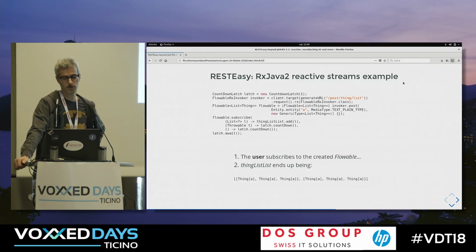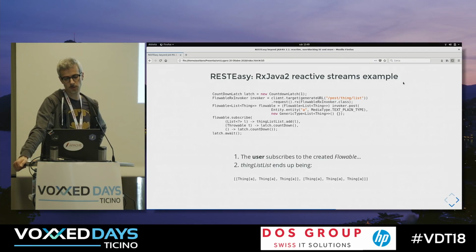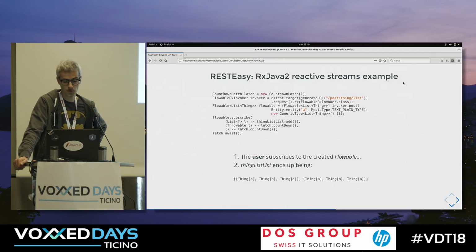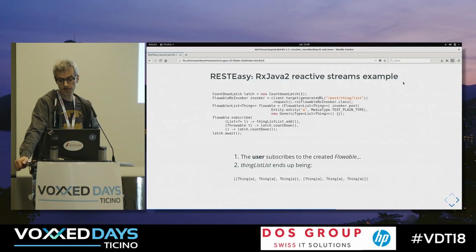So first of all, you need to subscribe to it. In this case, there's no automatic subscription. You control it, and then you can do whatever you want with that data as it comes available. And in the example here, the list would end up being the list that you see below, so a list with 2 lists of 3 elements each.